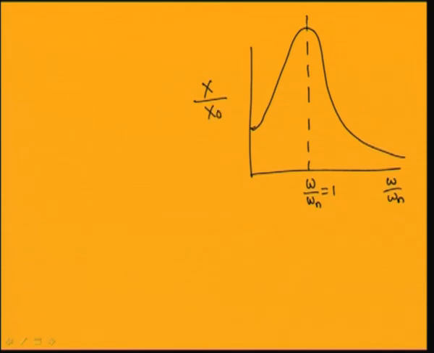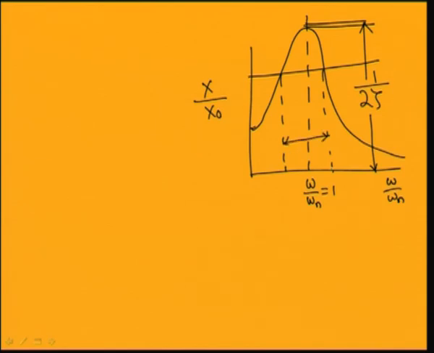The maximum value, at omega equal to omega n, you have already seen is equal to 1 by 2 zeta, and we are now finding the sideband or half power frequency, the range of the frequency.